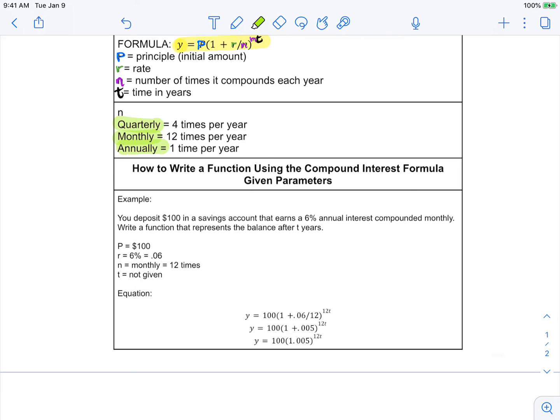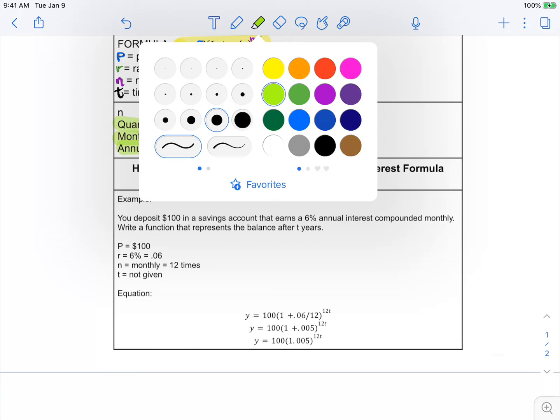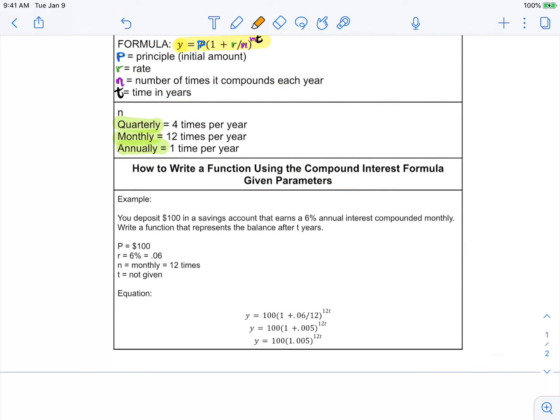Okay, so I'm going to start going through the parts of this and say, well, I know that I have deposited $100. Well, that's what I start with, so that's my principal. So that represents my P. Okay.